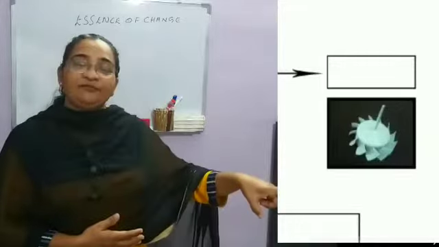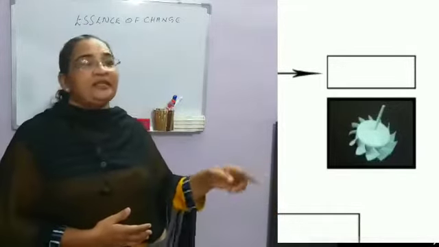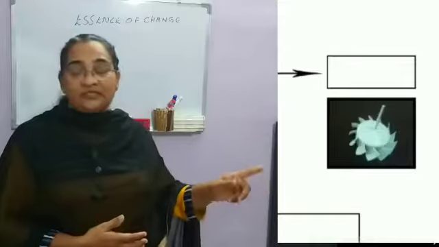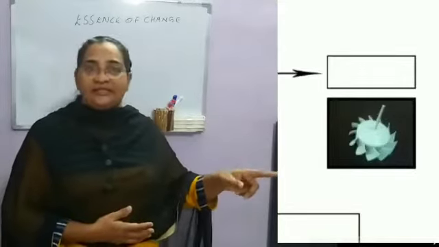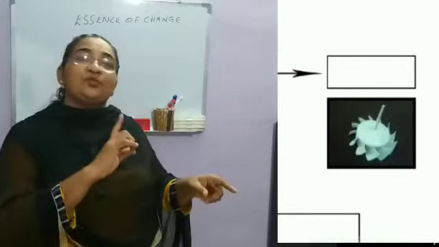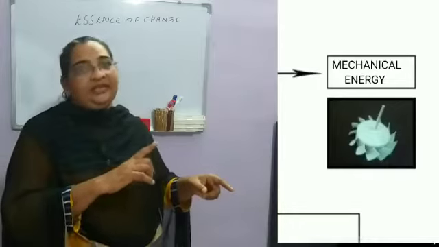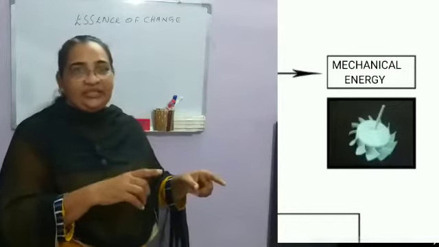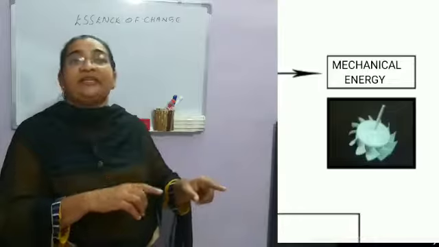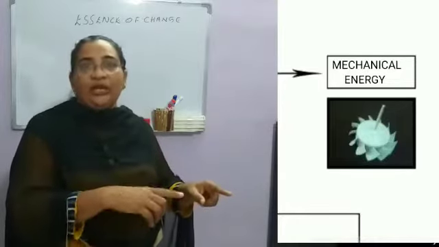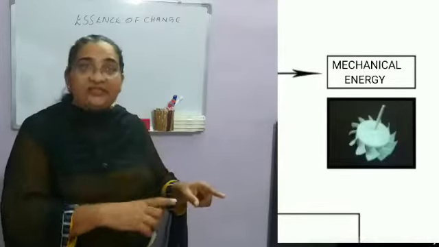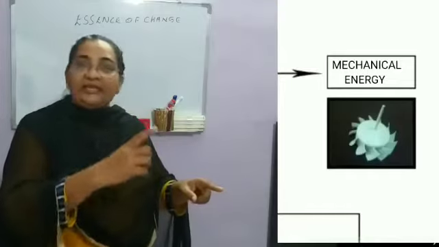When the steam falls on the turbine, what happens? The turbine, with the speed of the steam, turns. When the turbine turns, what energy is there? Yes, mechanical energy. So the energy with which the steam is given is helping the turbine to turn. When the turbine turns, it turns with the help of mechanical energy.